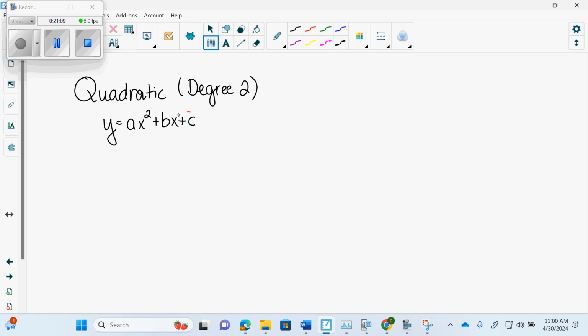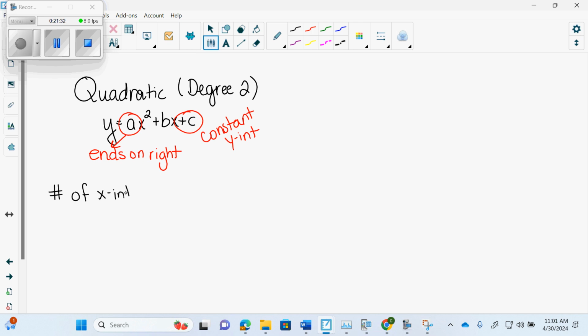So, once again, this is my constant or my y-intercept, correct? And once again, this tells me how it ends on the right. Also how it ends on the left indirectly because they're going to end in the same direction because it's degree 2. Yes? Okay, this one, number of x-intercepts.